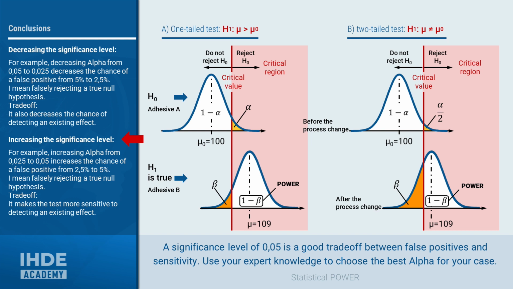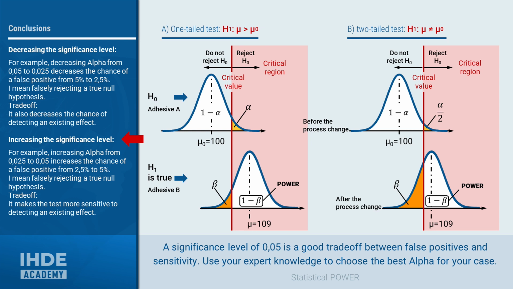This can increase the test's statistical power by reducing the likelihood of accepting the null hypothesis. However, increasing the alpha error rate also increases the risk of committing a type 1 error. This means producing false positive results, since the null hypothesis will be more likely to be incorrectly rejected.